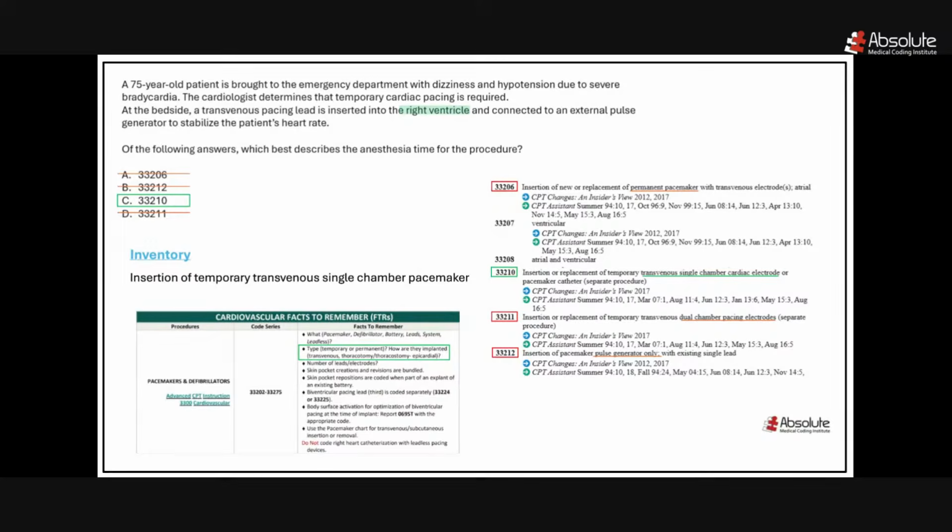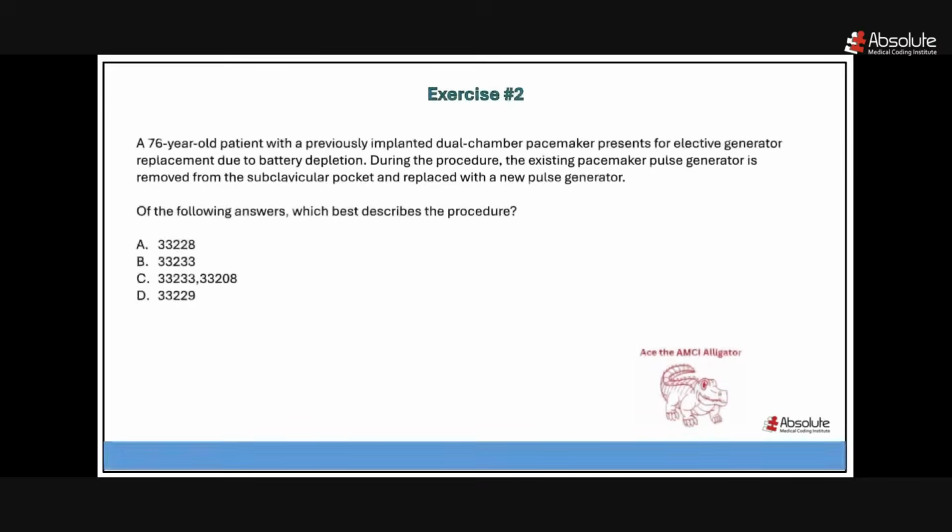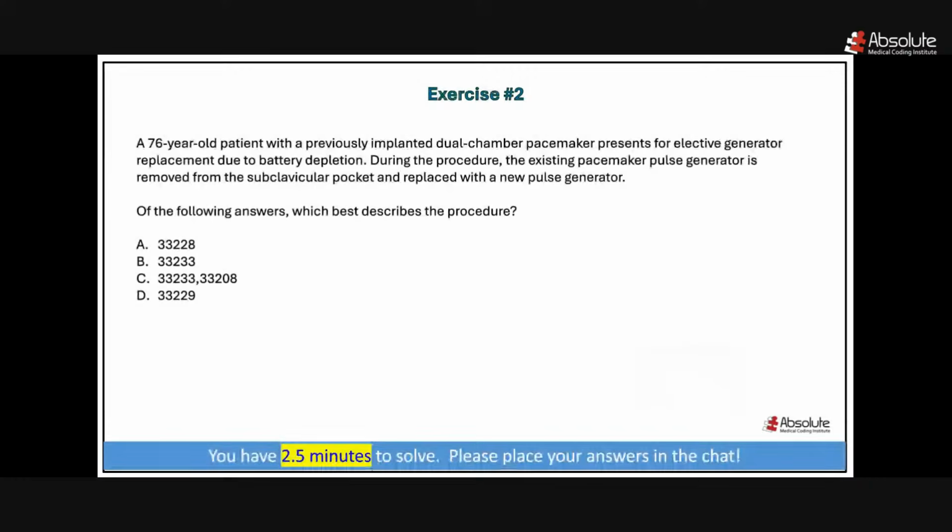Here we go, exercise number 2. Of the following answers, which best describes the procedure? Option A, 33228. Option B, 33233. Option C, 33233 and 33208. Option D, 33229. A 76-year-old patient with a previously implanted dual chamber pacemaker presents for elective generator replacement due to battery depletion.